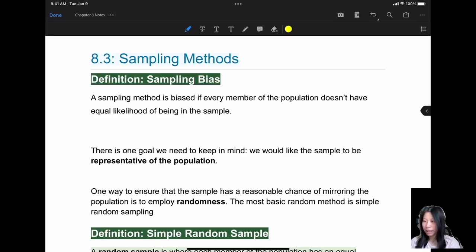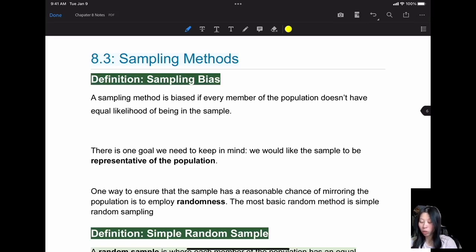So sampling bias. What is sampling bias? A sampling method is biased if every member of the population doesn't have an equal likelihood of being in the sample. So think about it.